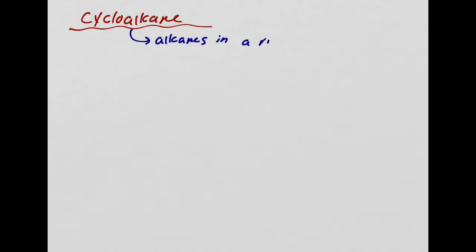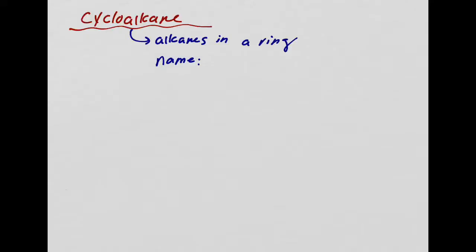Now, the next thing I want to do is cycloalkane. We're still talking about alkane. So cycloalkanes are alkanes in a ring. They still have just single bonds, but they're alkanes in a ring.